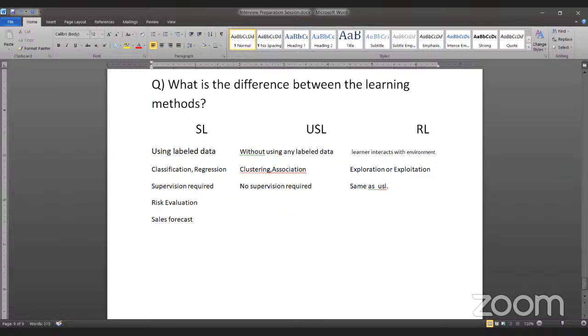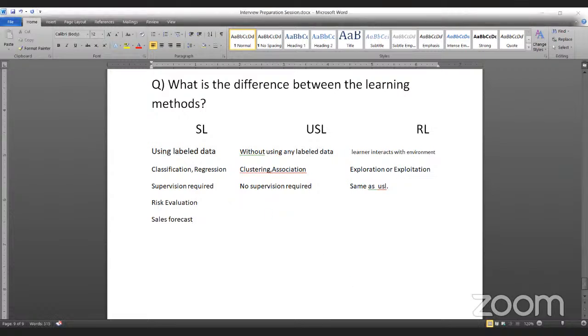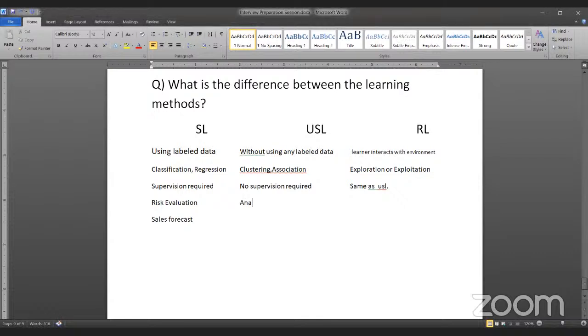Okay. Now for unsupervised learning, if we talk about applications, we have anomaly detection, and we can also use it in recommendation systems.